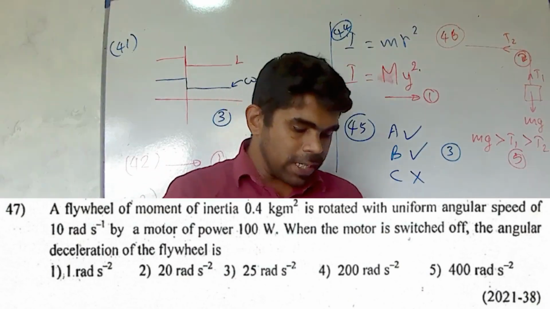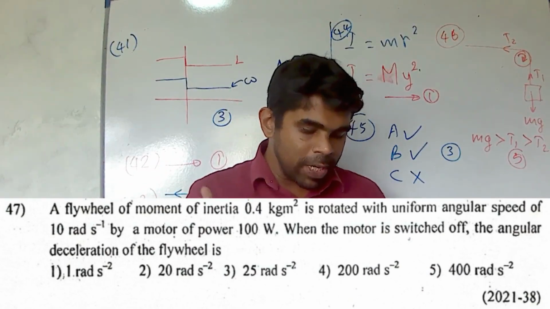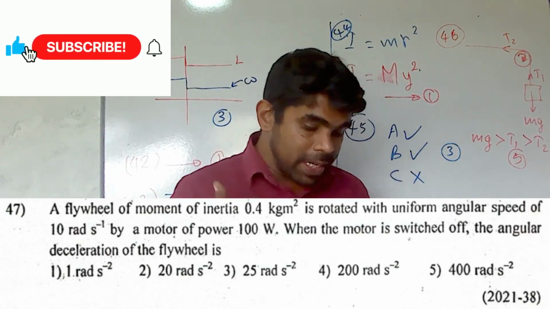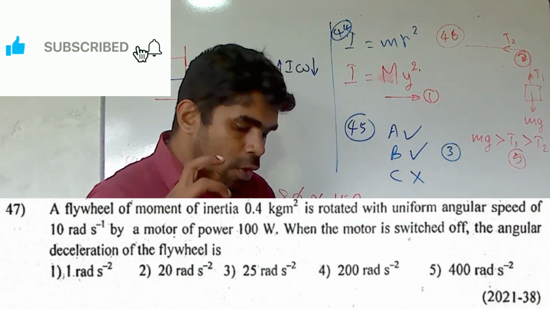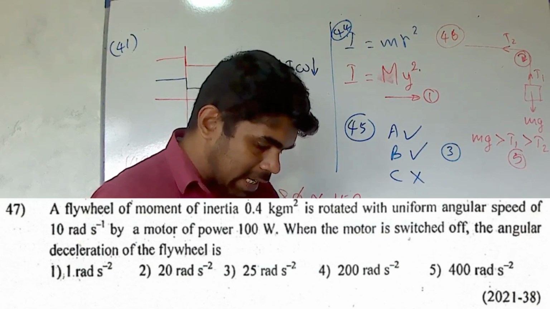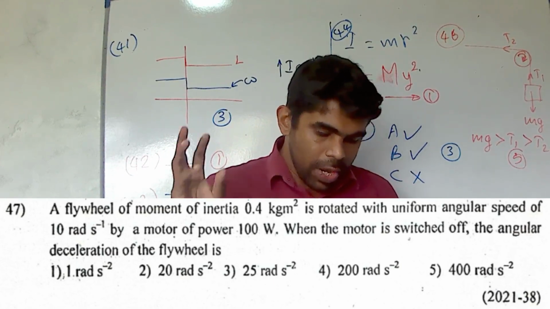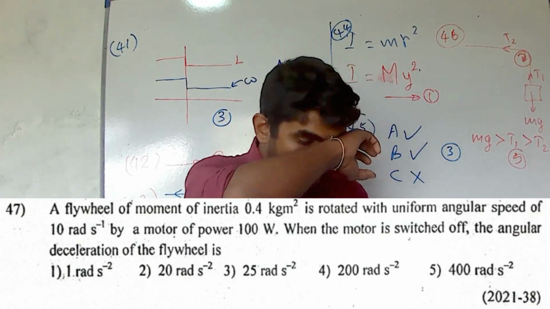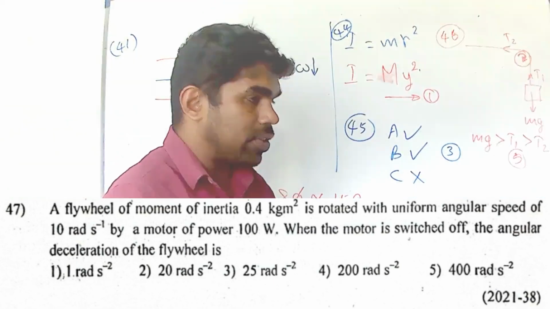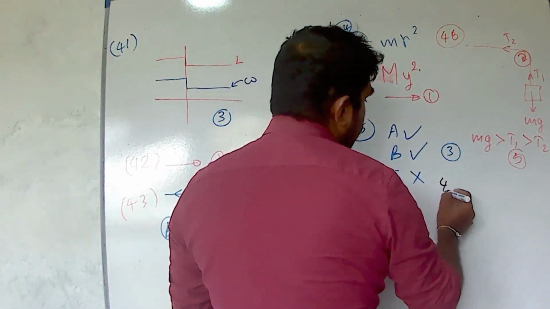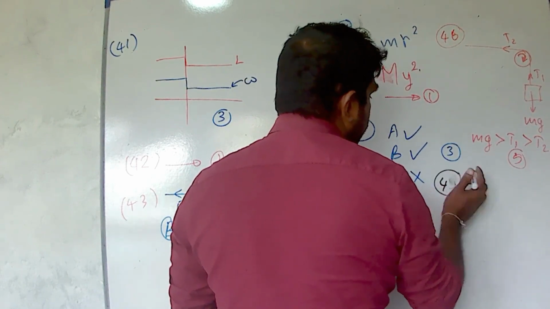Then question number 47. A flywheel of moment of inertia 0.4 kilogram square meter is rotated with uniform angular speed of 10 radians per second by a motor of power 100 watts. When the motor is switched off, the angular deceleration of the flywheel is. Now we can consider 47.